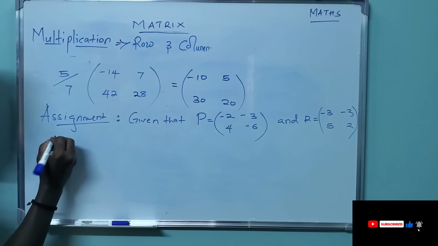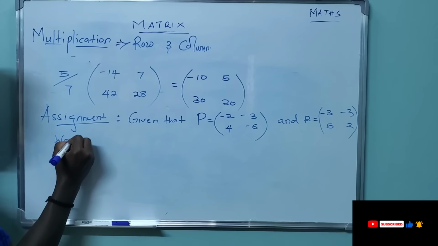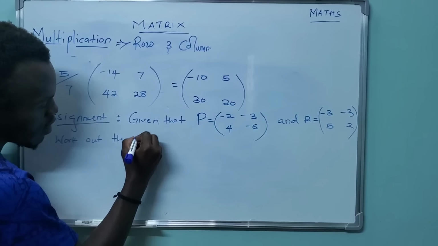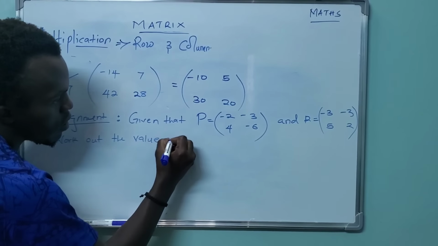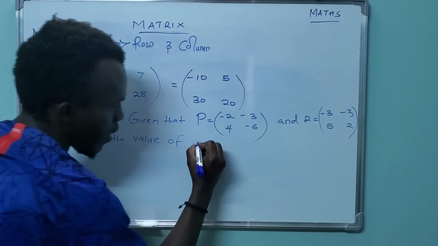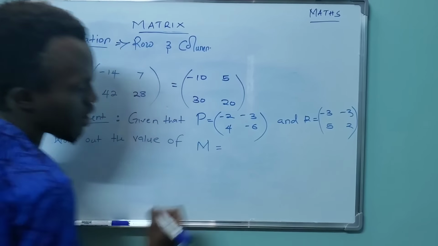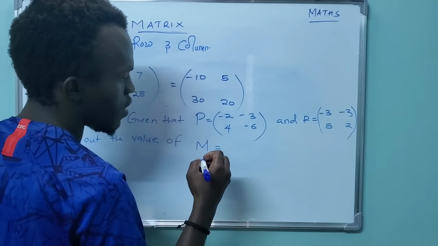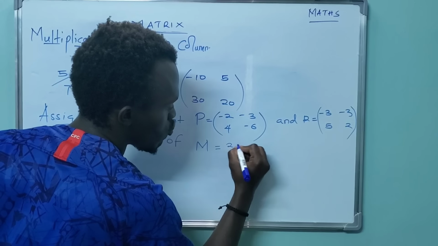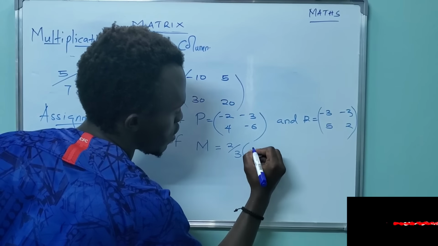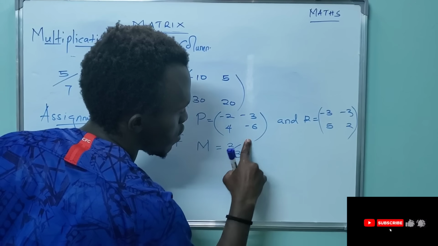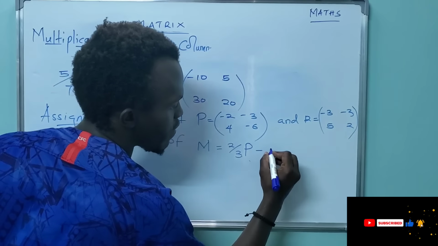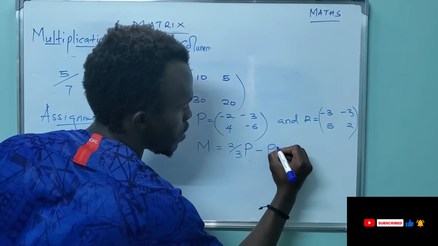Then you've been told, work out the value of M, which is given as 2 over 3 P minus PR.